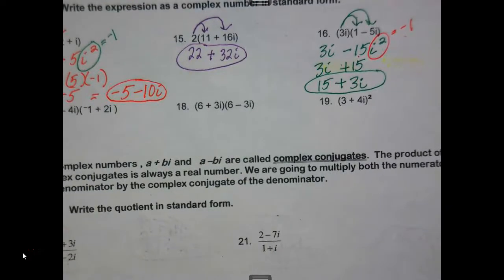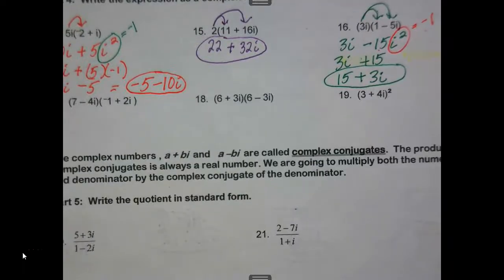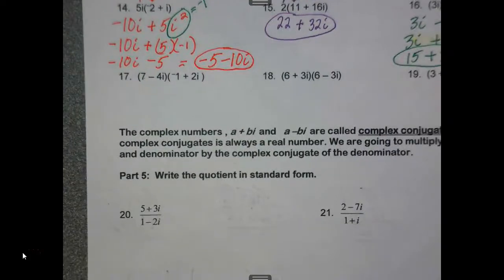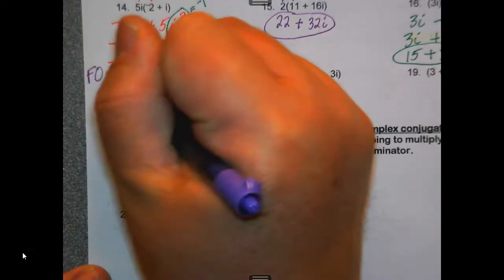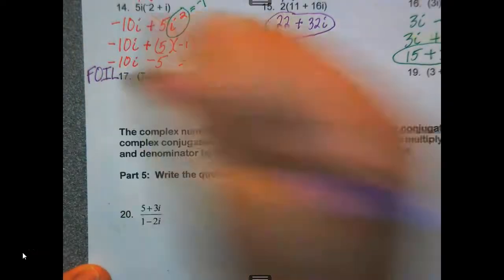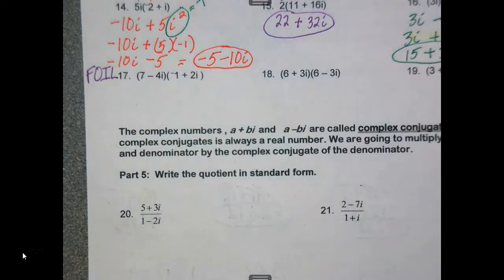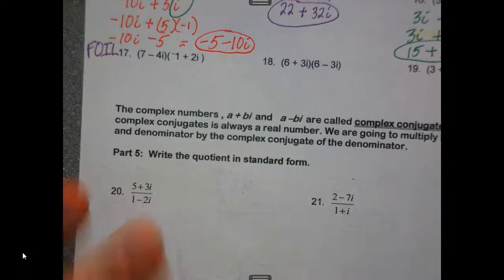Now we get a little bit more funner. We have a binomial times a binomial in 17, right? What are we going to use? What do we use when we multiply, the in or out thing? FOIL. We're going to use the In-N-Out burger. FOIL. Okay, you ready? Are you ready, kids?